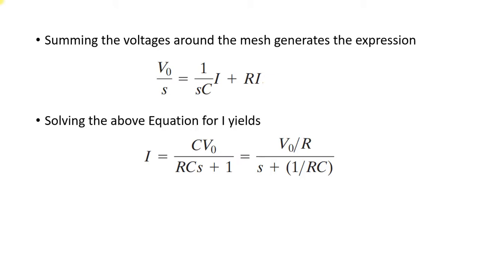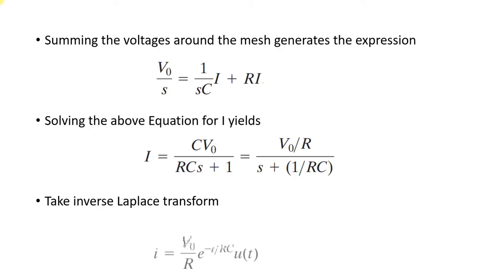If I want to find the value of current in the time domain, I take the inverse Laplace transform of the corresponding equation. It is in the form of 1 divided by S plus A, whose inverse Laplace transform gives e power minus at.